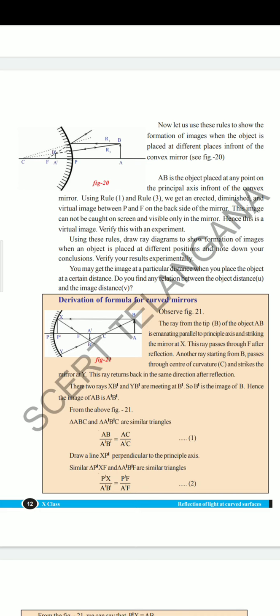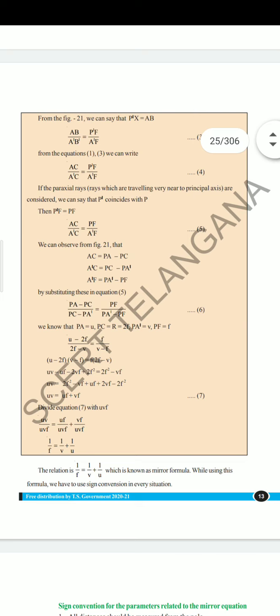Equation 2. From figure 21, we can say that P'X equals AB. So AB by A'B' is equal to P'F by A'F. Equation 3.